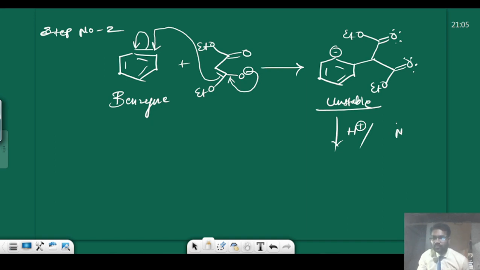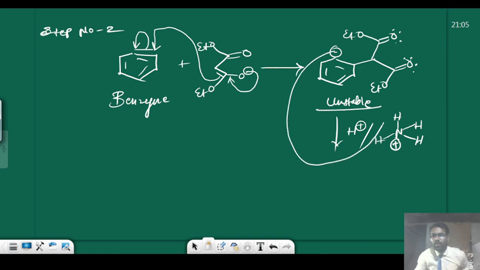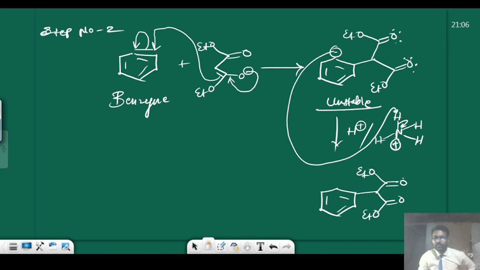It will take the proton like this, and there is a generation of this particular system, C double bond O, OEt. So there is a generation of this particular product. This is our final product. So this acts as a good nucleophile.